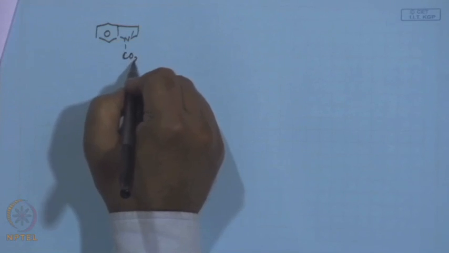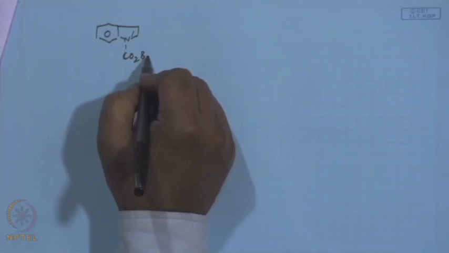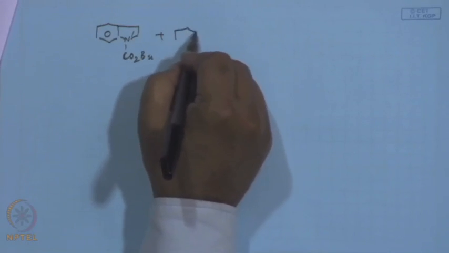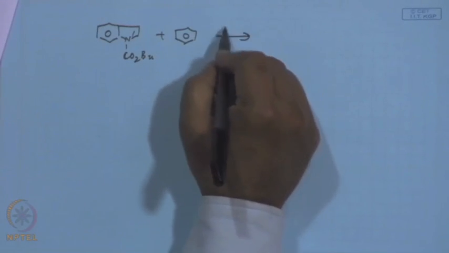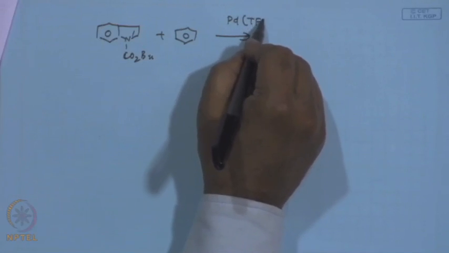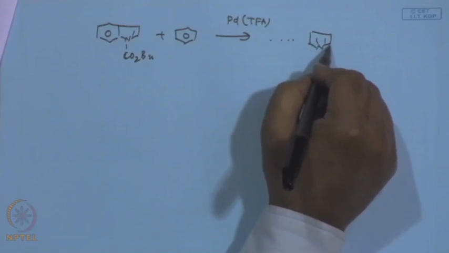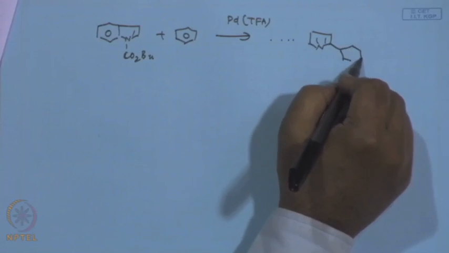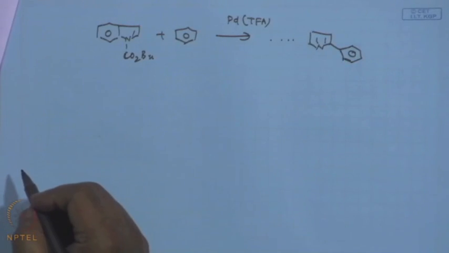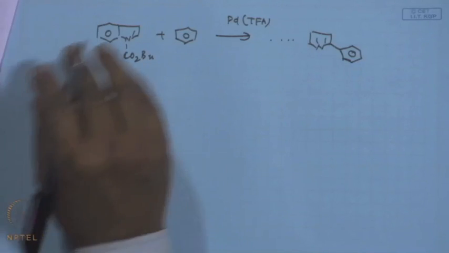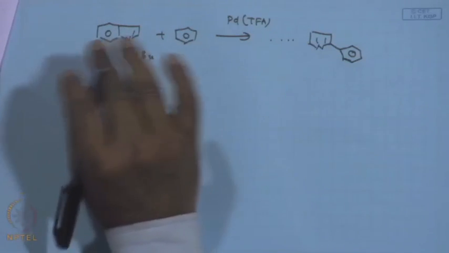Also, if you take an indole, a substituted indole plus benzene, of course with palladium trifluoroacetate, you can go to this. Eventually under certain conditions you can directly do the arylations, you do not have to use any metalloids or standard traditional cross coupling reactions.